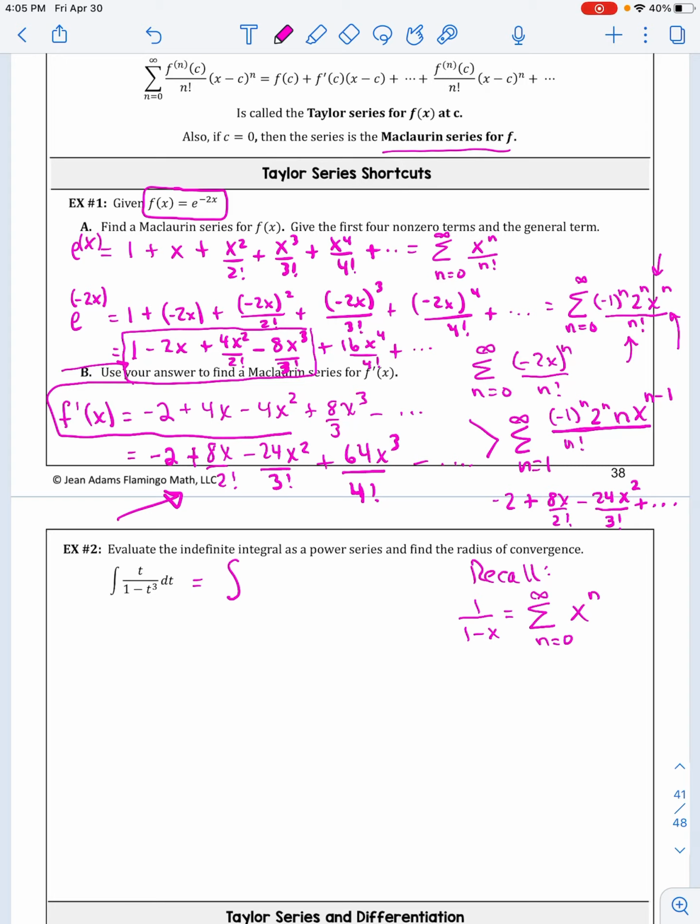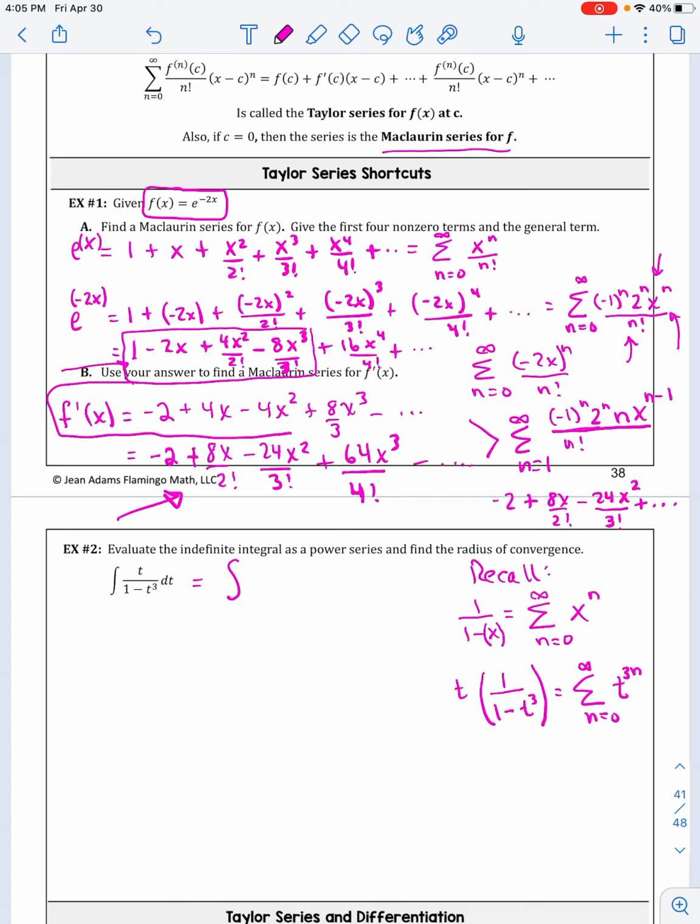And this one is one of them, 1 over 1 minus x. And so this is the summation from n equals 0 to infinity of x to the n. And so if I multiplied this by t, imagine that this was 1 over 1 minus t cubed.